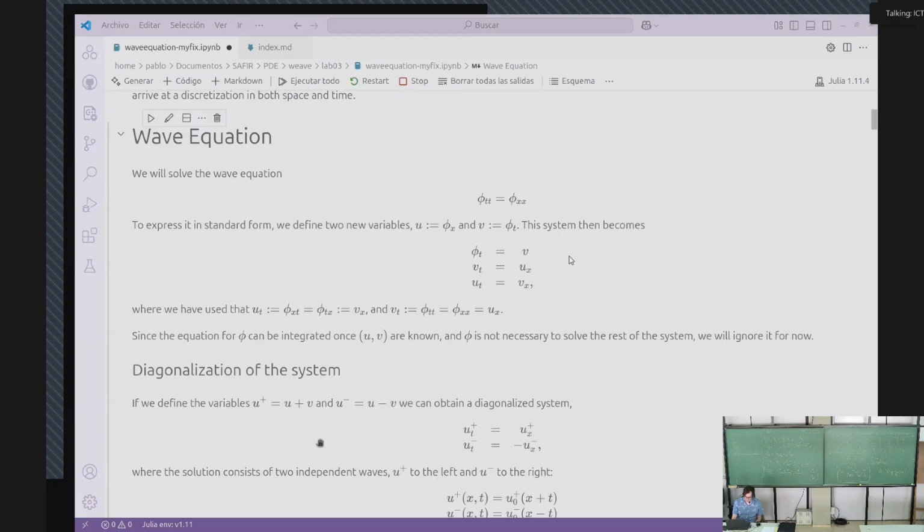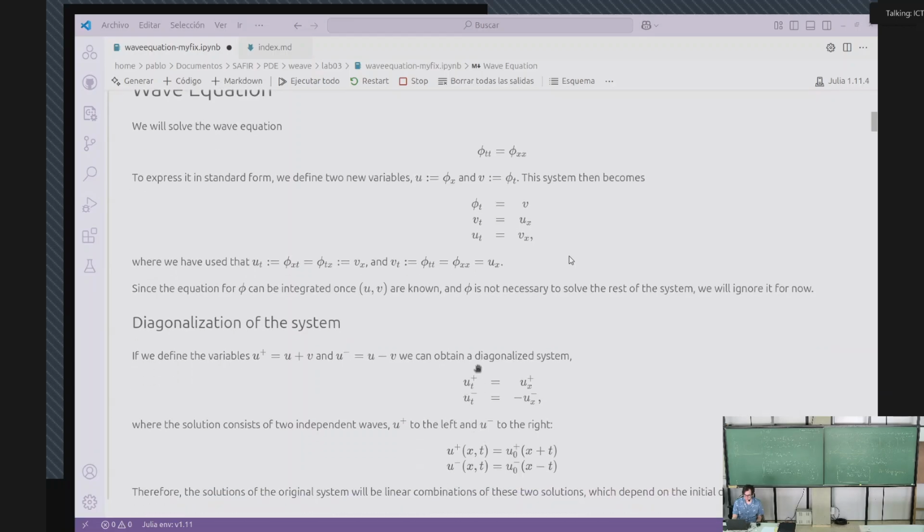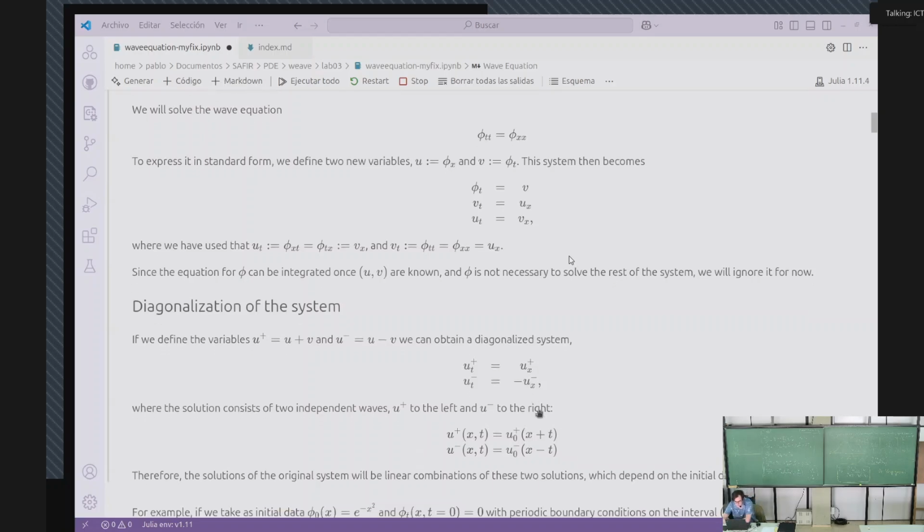And if we plug this in these equations here, we have that the time derivative of u plus equals the spatial derivative of u plus, and the time derivative of u minus equals minus the spatial derivative of u minus.